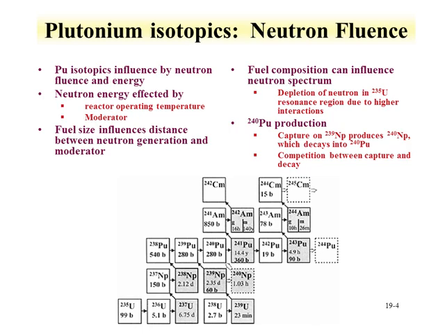For instance, fuel that's high in uranium-235 will have a depletion of neutrons in the resonance region, since those neutron energies will be captured by the uranium-235, either for fission or for capture, depending upon the reaction. Now, we've already discussed plutonium-240 production, which one would want to limit in reactors. And this is why a low fluence tends to indicate device plutonium.